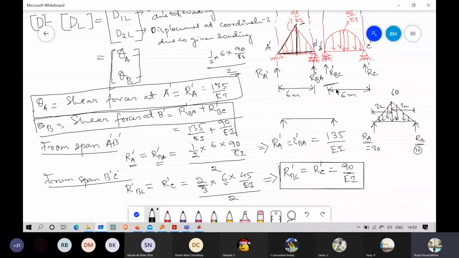So R dash A, which equals RB dash A, equals half into 6 into 90 by EI divided by 2.